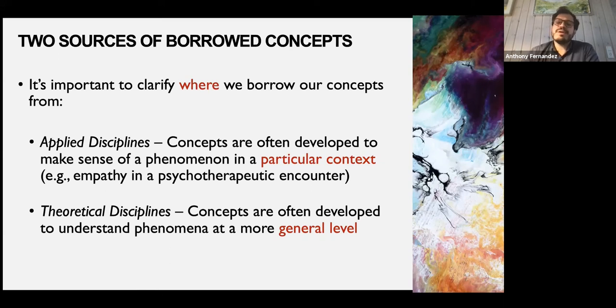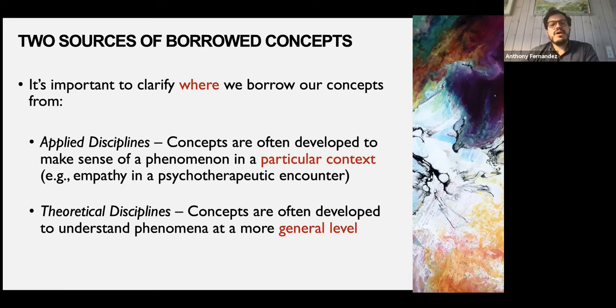I'd also include many of the humanities here. Philosophy, certainly, I would count here as what I'm calling a theoretical discipline. And in these disciplines, when you develop a concept, you're not typically trying to understand how some phenomenon exists or manifests in a particular context. You're usually trying to understand it at a much more generalizable or universal level.